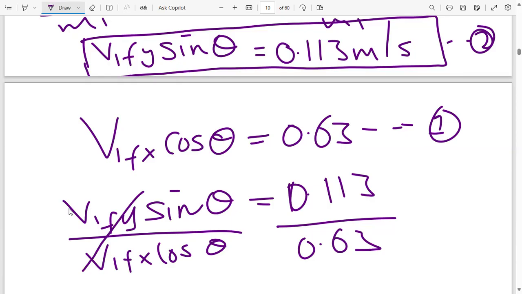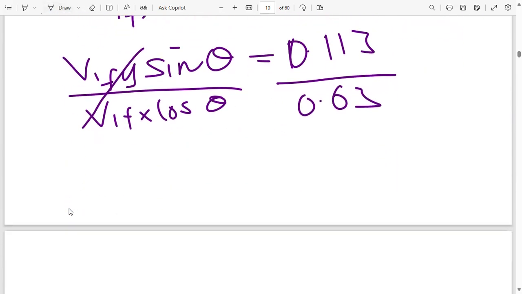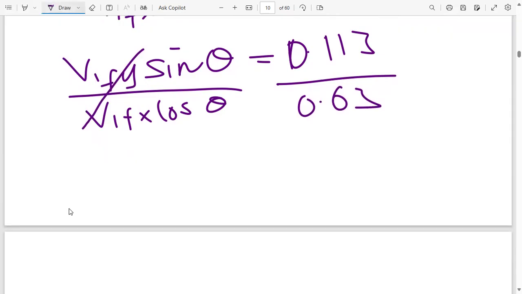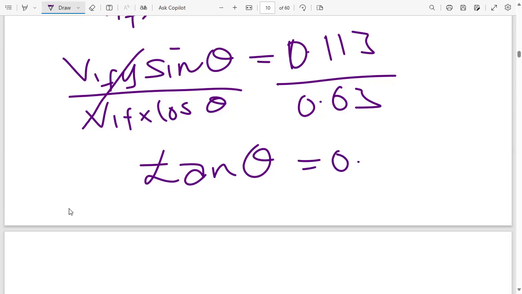What is remaining is sine theta over cos theta, and on the right-hand side we divide the numbers. Sine divided by cos gives us tan theta, being equal to 0.113 over 0.63, which is 0.184127.